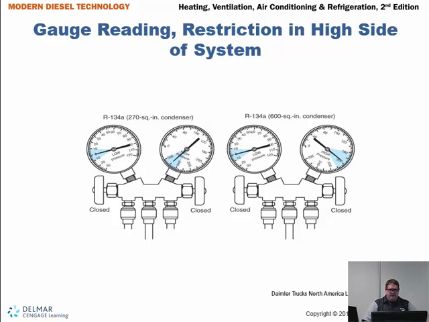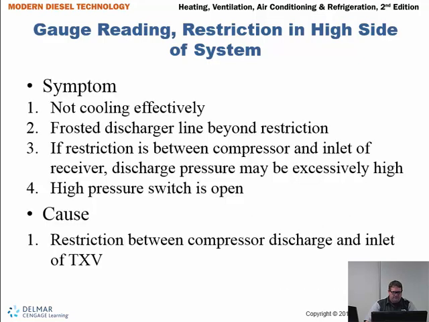All right, gauge reading. Again, if we have high restriction, we're going to end up with a low side and a high side. We're going to be trying to push as much of that refrigerant as we can, but it's not going to go through the low side, so it's going to suck this low side into the vacuum. And same thing with the larger condenser.